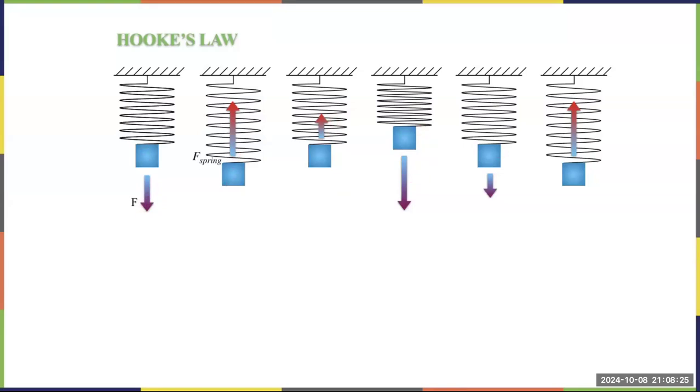Now, as you see here, this is my equilibrium position. From this equilibrium, my object is moving up and down. So what is this simple up and down motion?